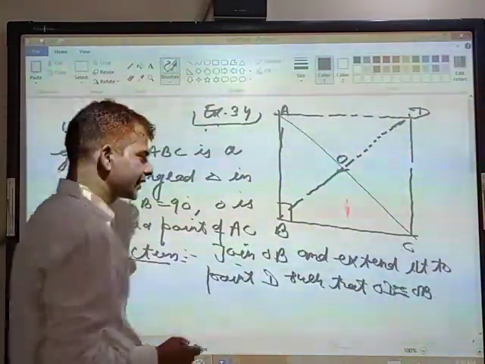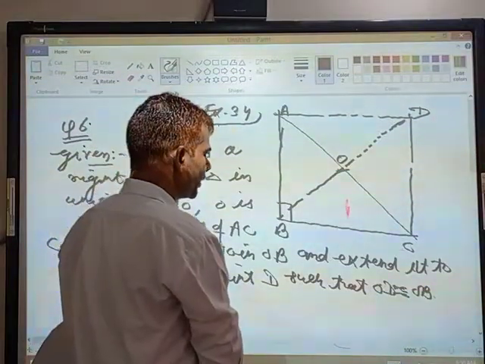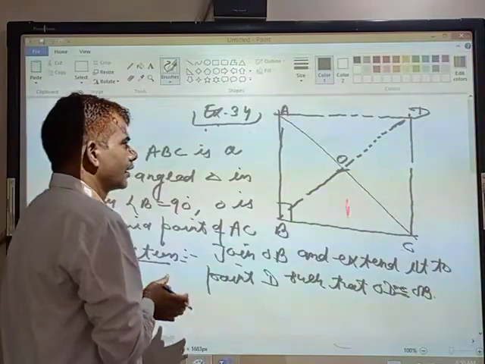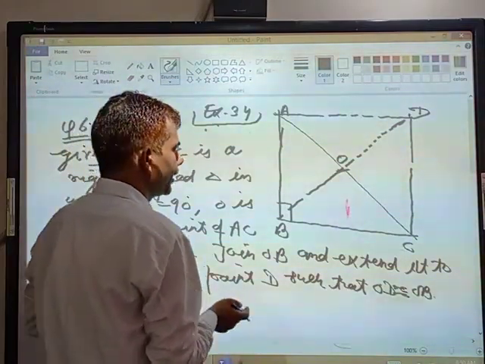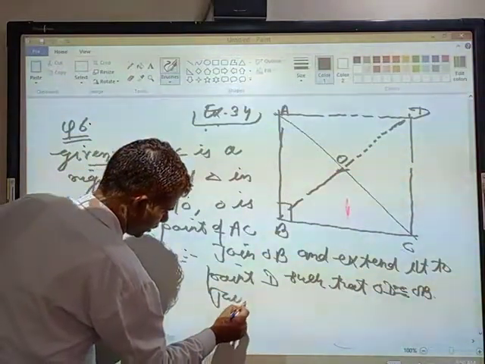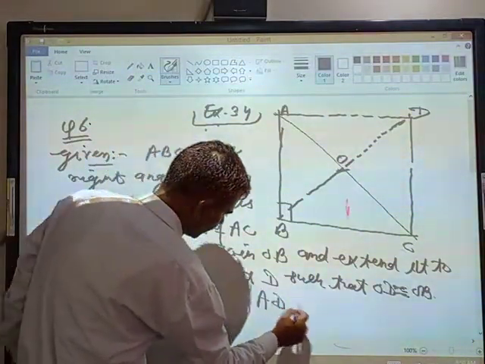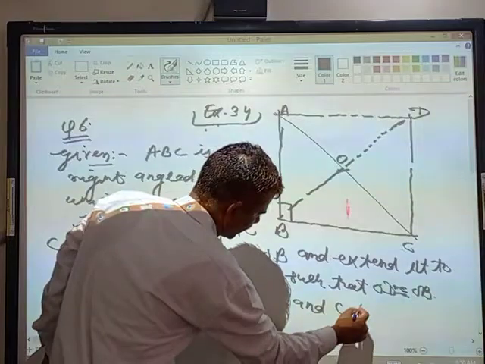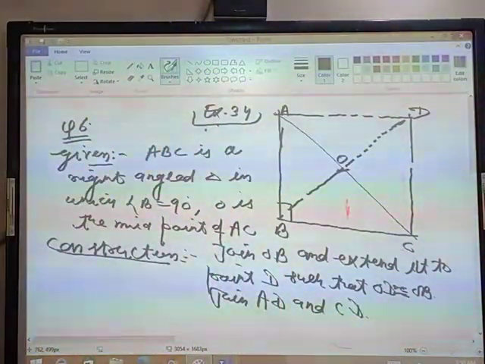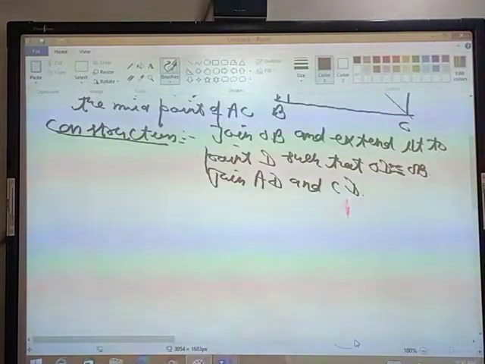Join OB and extend it to point D such that OD is equal to OB. Join AD and CD. Construction done.